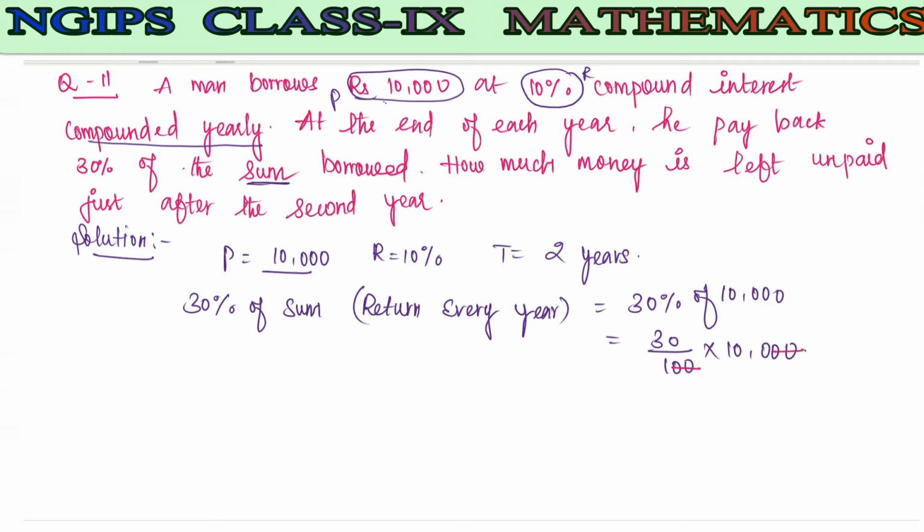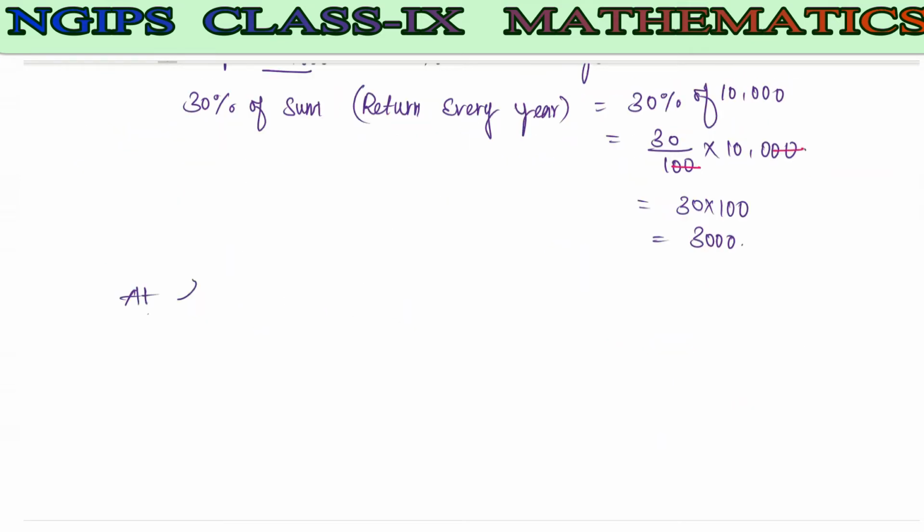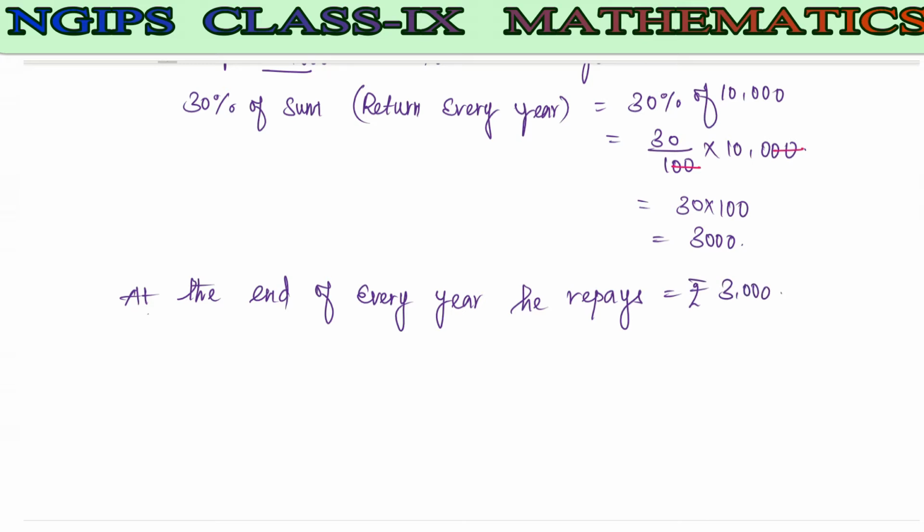So the leftover here is 30 into 100, so it is nothing but 3,000. So every year at the end of every year he repays rupees 3,000. Okay, now we need to calculate for 2 years.